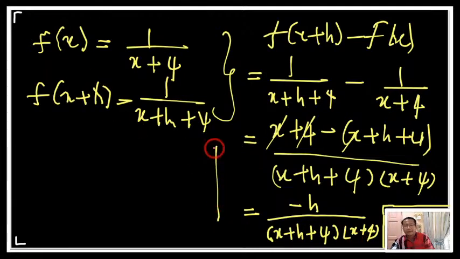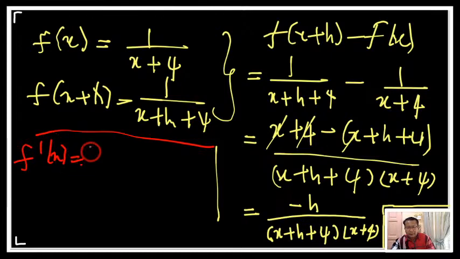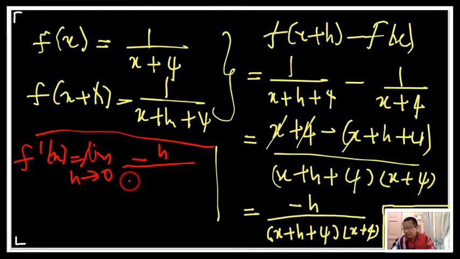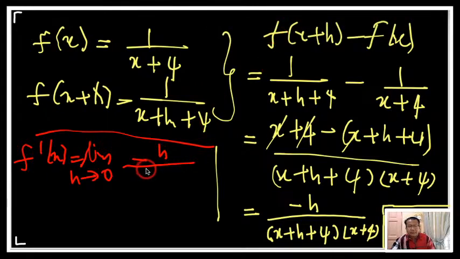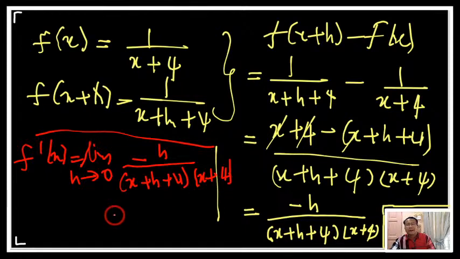So from here, I continue. f prime x is equal to the limit as h approaches 0 of minus h over x plus h plus 4 times x plus 4, divided by h.